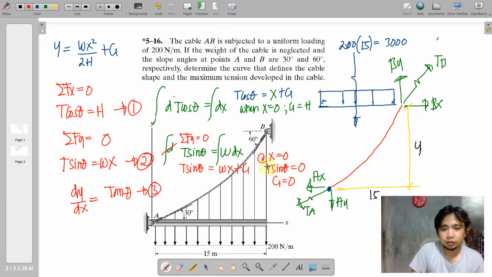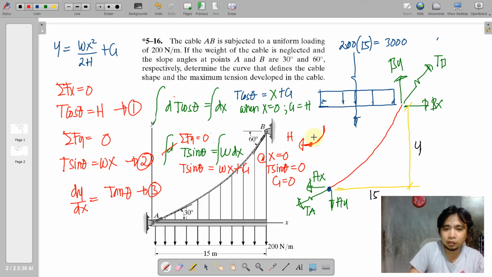Our assumption is based from the first point wherein there is no vertical slope. So remember that the lowest point does not have a vertical slope. If it does not have a vertical slope, only h is the tensile itself at this lowest point. So that is the condition where x is equal to 0.